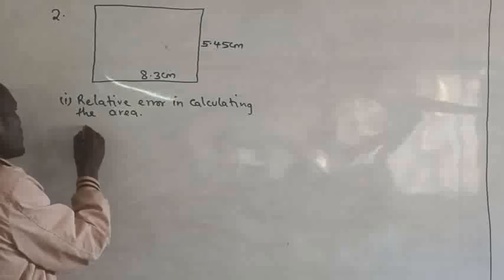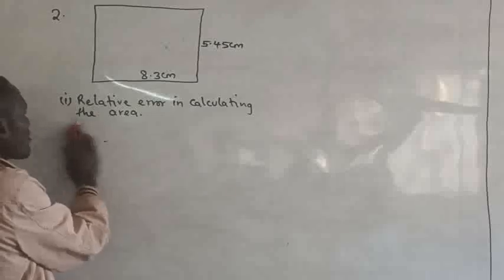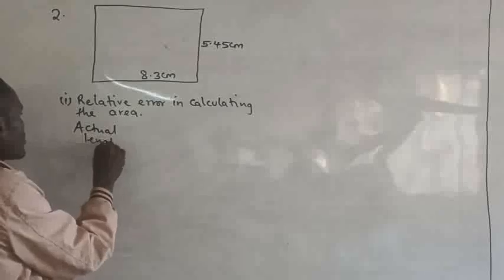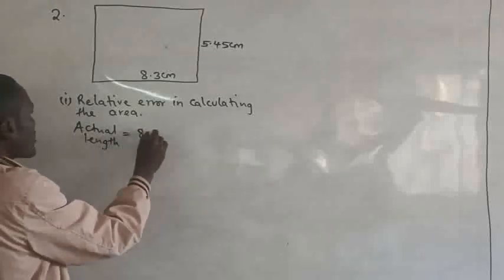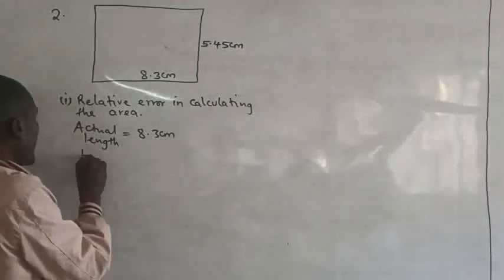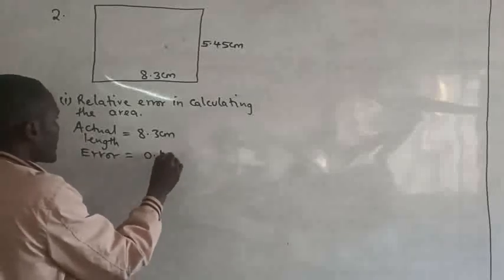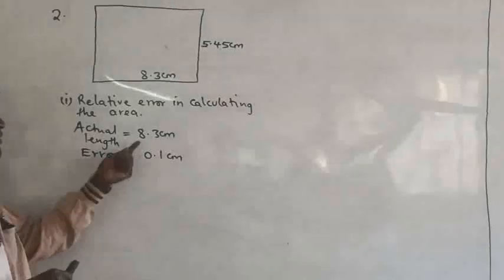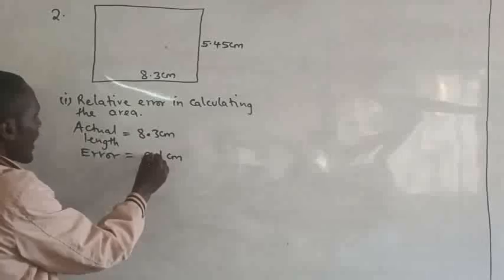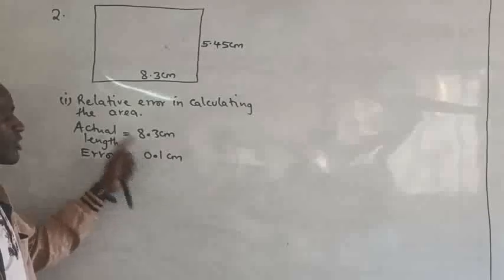We know very well that if I take my length, and of course I'll treat this to be my actual length, the actual length that I'm going to use is 8.3 centimeters. So it means an error of 0.1 can get made. Why? The value is given to one decimal place. So when the value is given to one decimal place, I can take an error as 0.1.